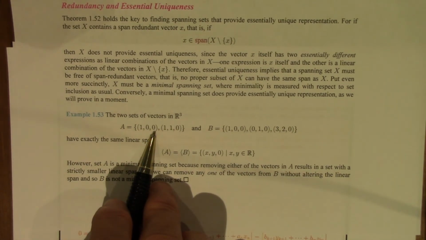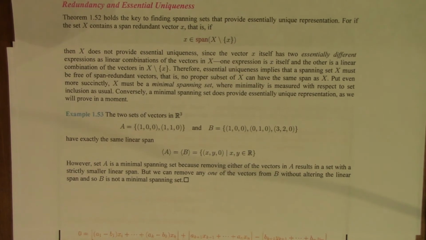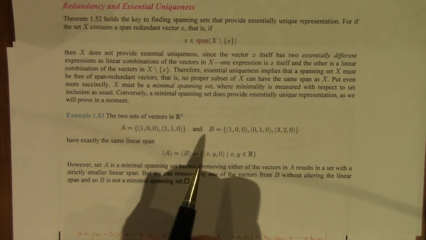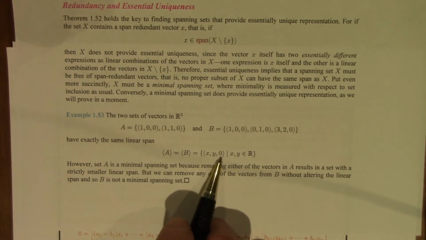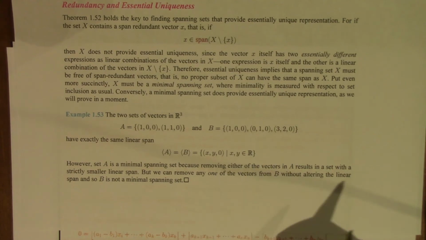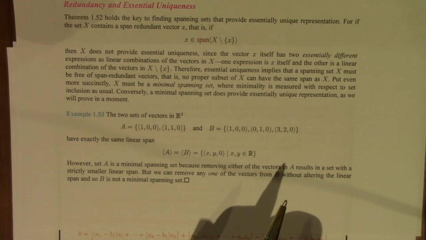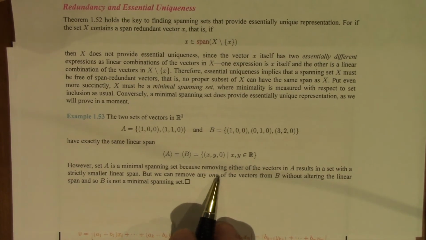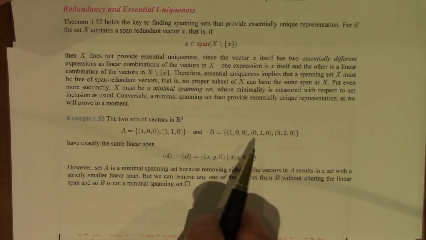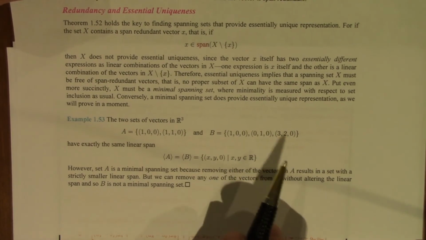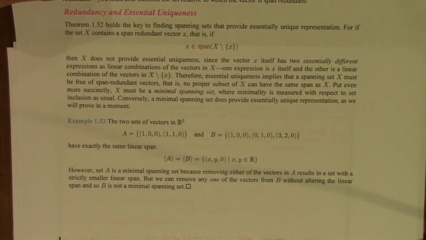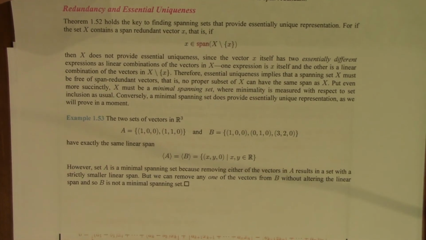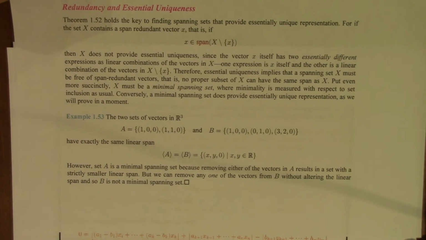A here is a minimal spanning set, because if you remove one or the other of these, you are not going to get this full span. B, on the other hand, is not a minimal spanning set, because you can remove any one of the three vectors without affecting the span. And again, that needs to be verified.